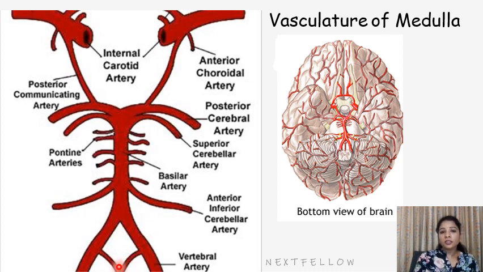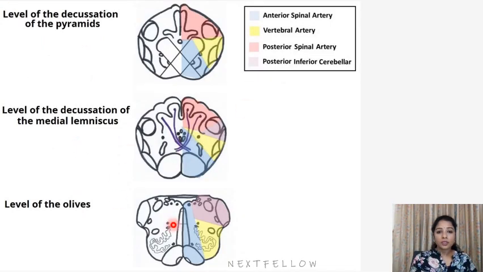Also the posterior spinal arteries, which are given off from PICA, the posterior inferior cerebellar arteries, and the vertebral artery directly gives rise to branches, and also the anterior inferior cerebellar arteries. Here is a beautiful image for us to understand the blood supply of medulla at each level.